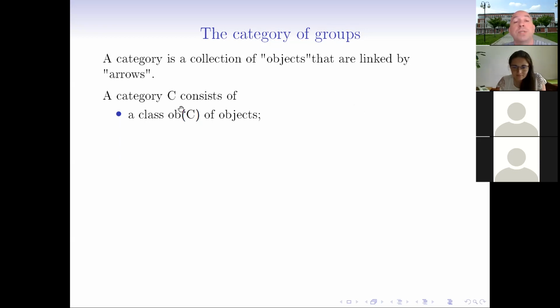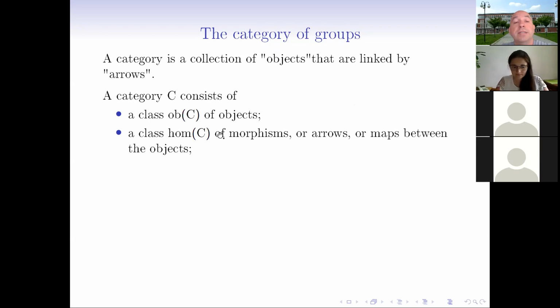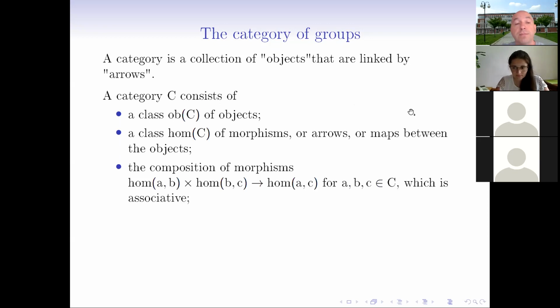Then we can view these as points, and then a class of morphisms between two objects we can view as arrows. So if it's finite or discrete, this is a kind of graph, in fact.